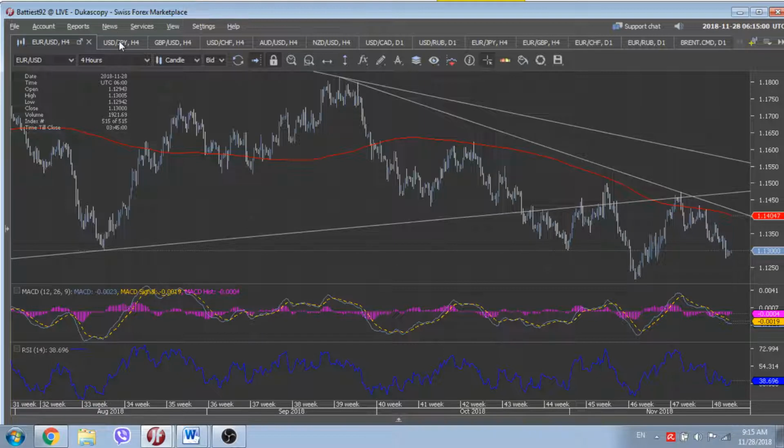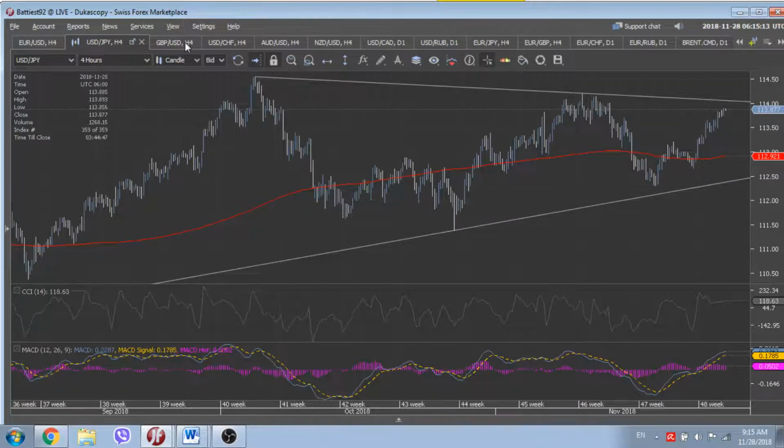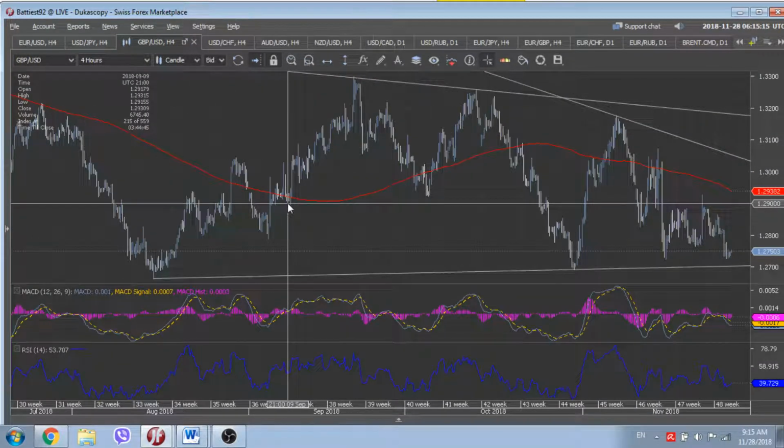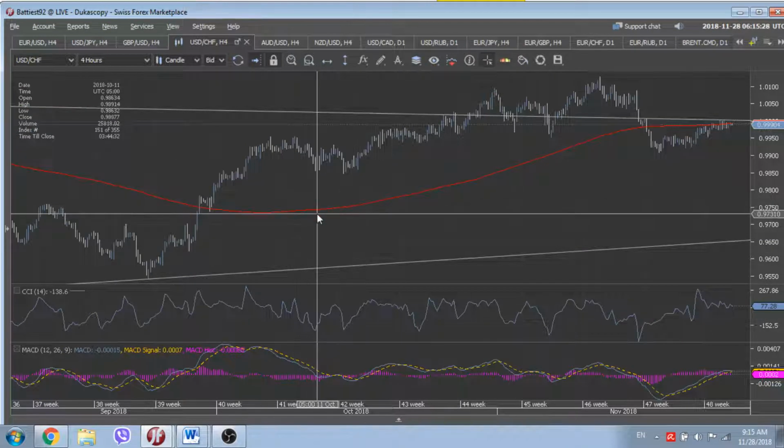And the same, by the way, applies also for the dollar yen, which is also looking very robust at the moment because of the high difference between the approaches of the Bank of Japan and the Fed. The same applies for the cable, which also has its internal problems associated with Brexit and so on.